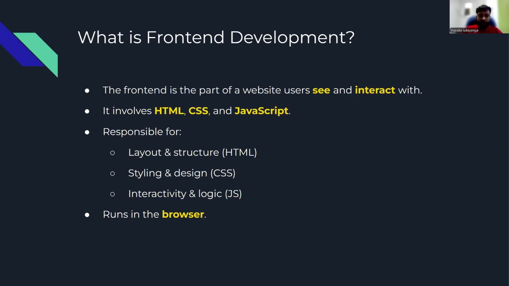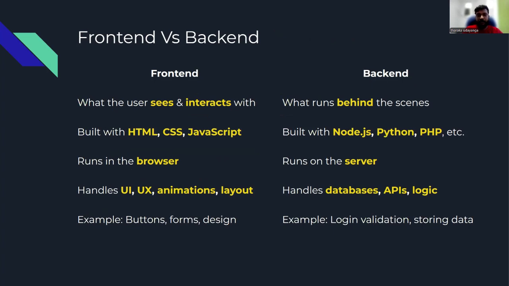HTML is responsible for layout and structure, CSS we can use for styling and designing, and interactivity and logic are handled by JavaScript, and it runs in the browser. That's a brief about front-end development, and I think you are all familiar with these basic things, but let's fine-tune them again as a start.